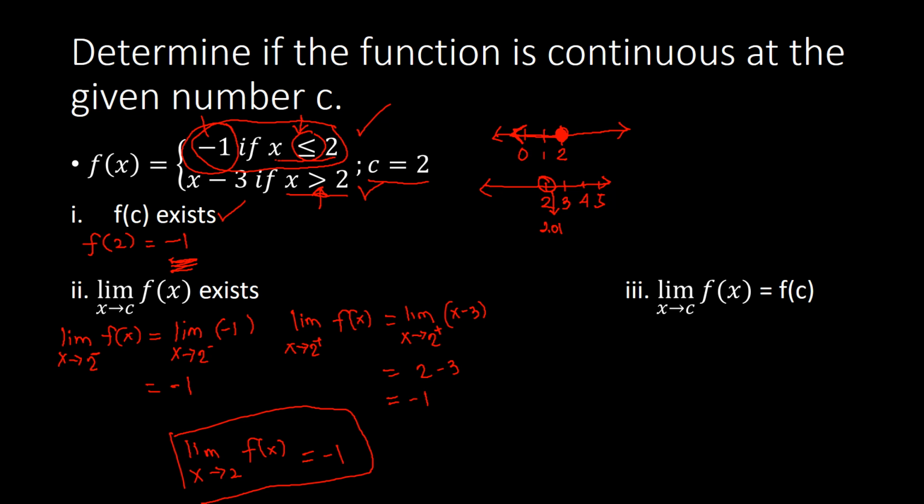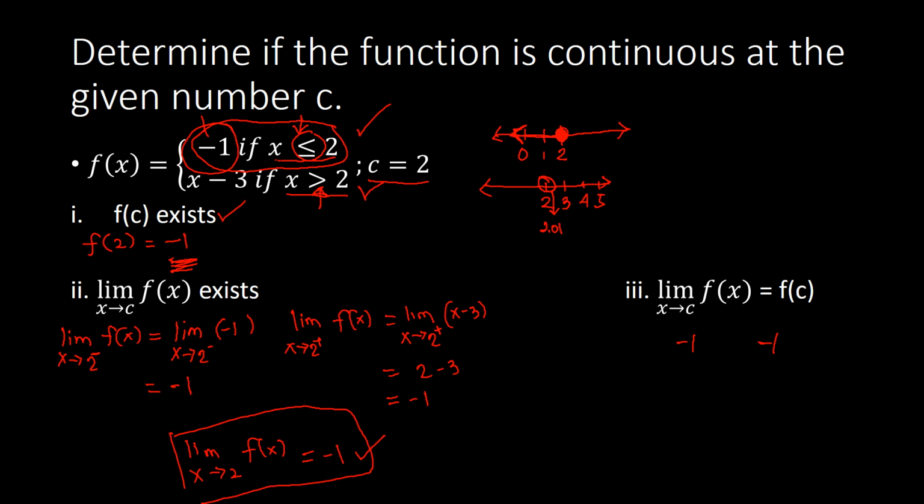But we still have condition 3. We need to satisfy condition 3, in which the limit of f of x as x approaches c must be equal to f of c. Identifying the limit of f of x as x approaches 2, we have negative 1, and we have f of c here as negative 1.